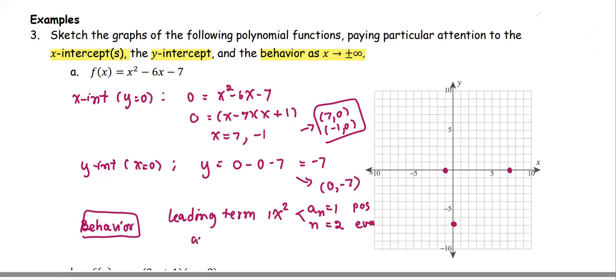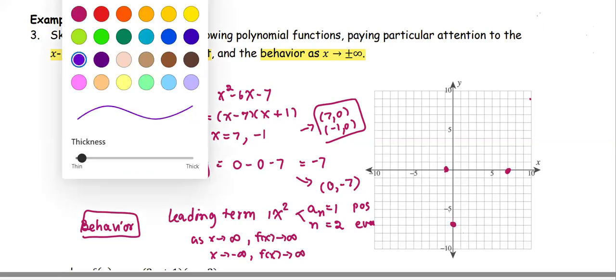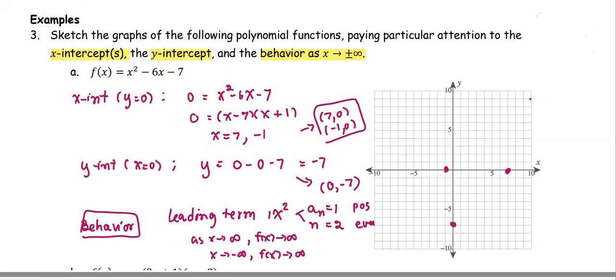That means as x approaches positive infinity, the function f of x approaches positive infinity. As x approaches negative infinity, f of x approaches positive infinity as well. So this is the power 2 function. Sketch the curve passing through the x-intercepts and y-intercept.